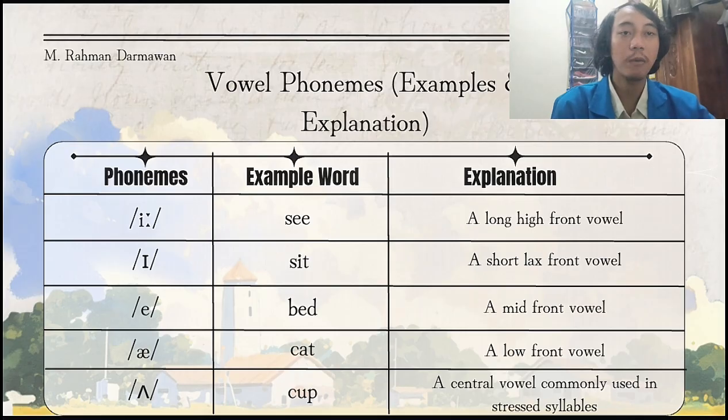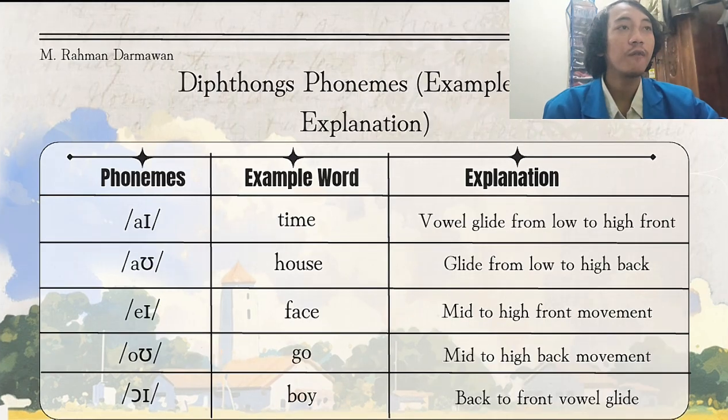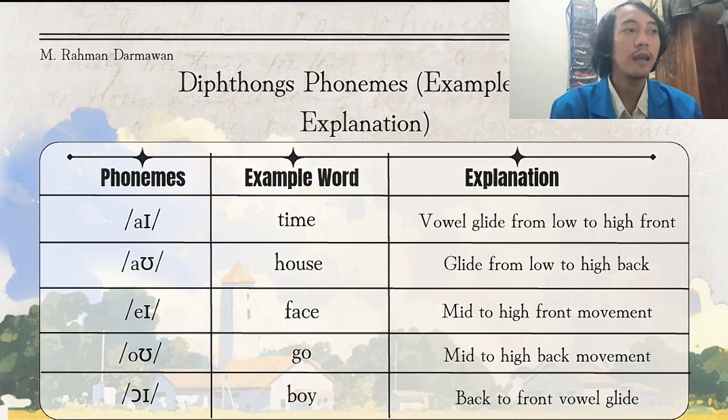And for the diphthong phonemes, the phoneme ai, the example word is time, and the explanation is a vowel glide from low to high front. For the phoneme au, the example word is house, a glide from low to high back.